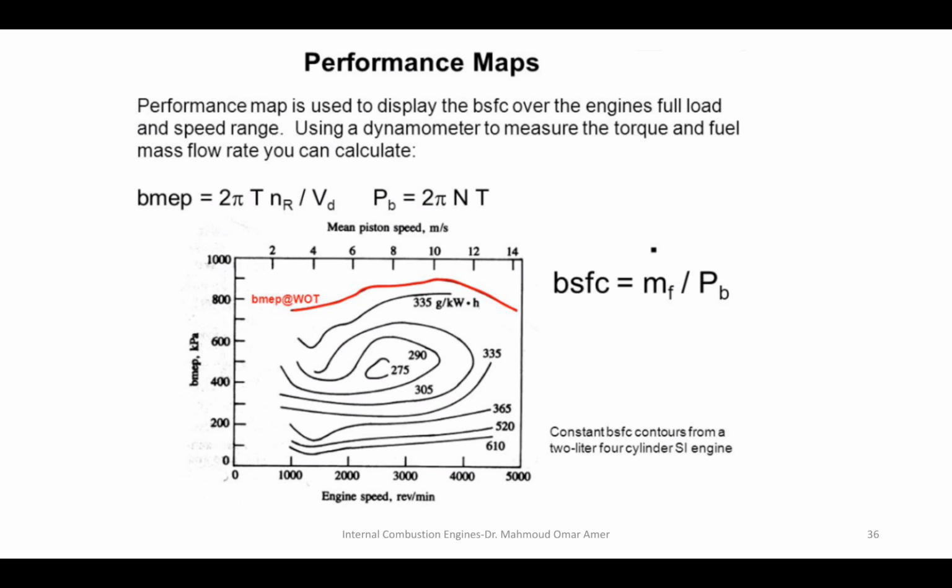You see that the engine speed is the bottom x-axis and the top x-axis is the mean piston speed. Isn't the mean piston speed 2LN? So it depends on the RPM. If you know the stroke of the engine, you can calculate the mean piston speed. And from this graph, I can ask you to calculate the stroke.